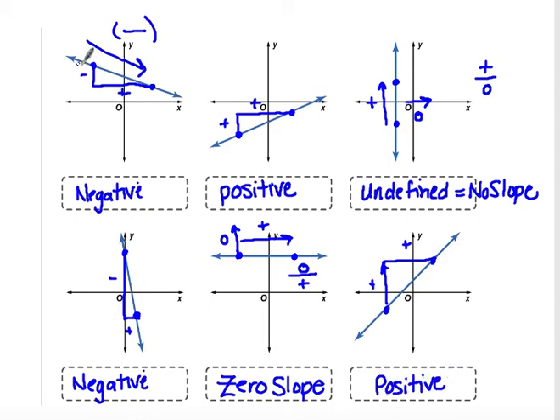So you can see down the hill is negative, up the hill is positive. A straight vertical drop is undefined or no slope. Down the hill, negative. Flat is 0 slope, and up the hill is positive.